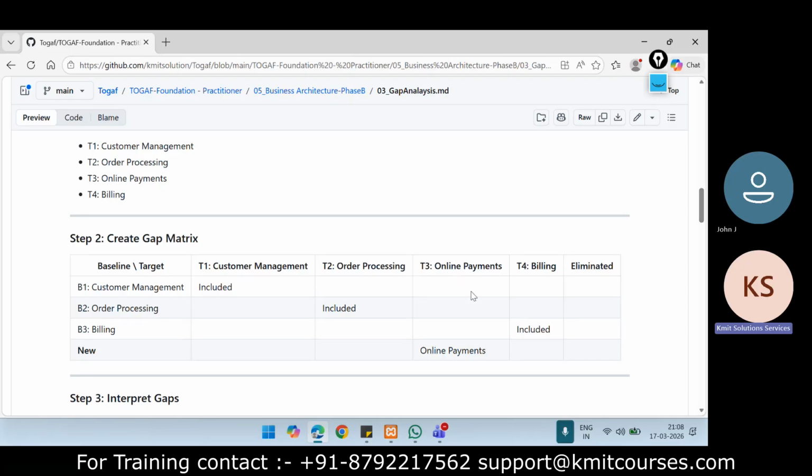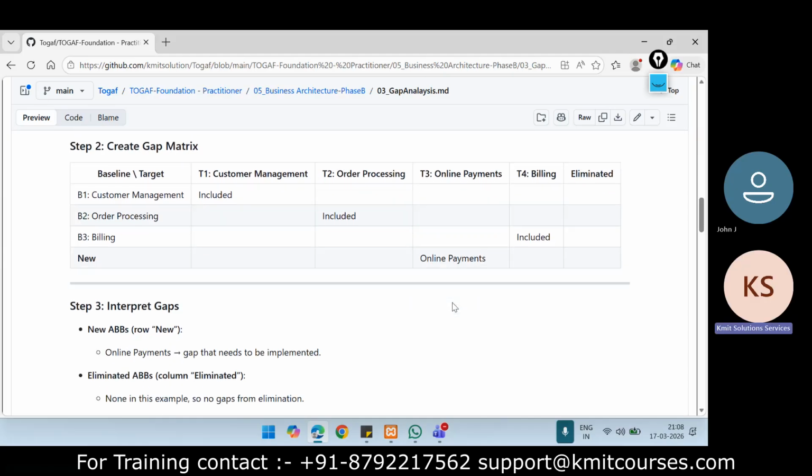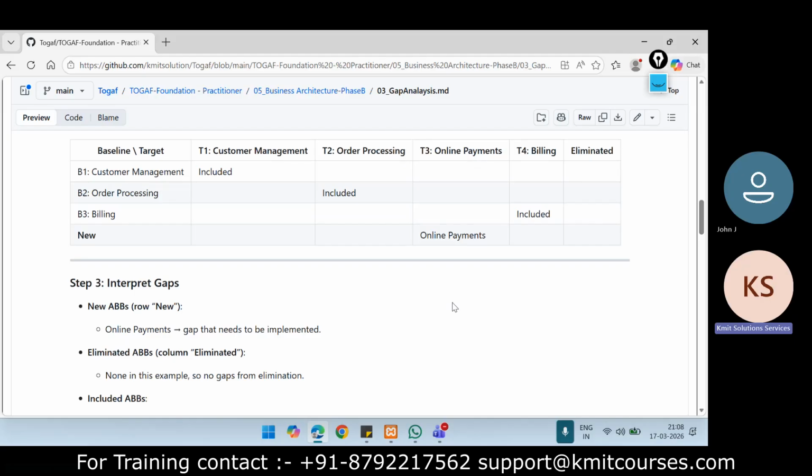In the target we have online payment, but it is not included in the baseline architecture. Billing is included. Eliminated, nothing is eliminated. New, the online payment for the target architecture, right? So we can create these kinds of matrices, and we can identify the gaps between the baseline and the target architecture.